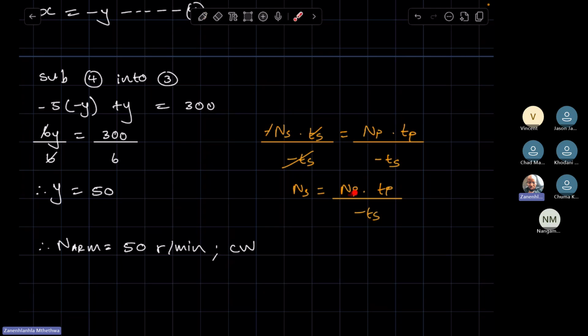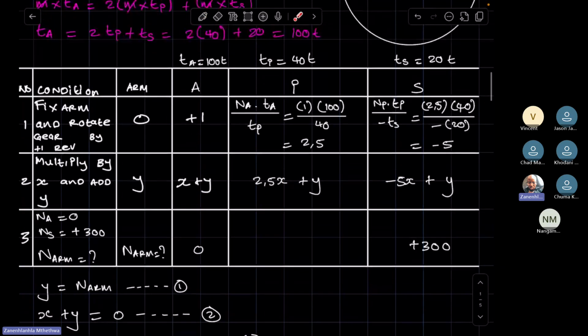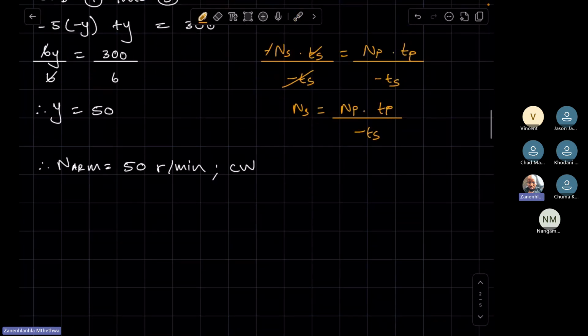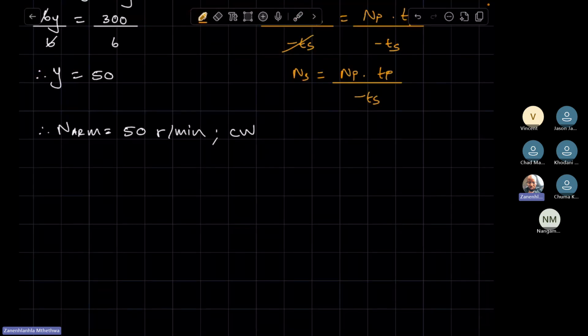Now, gear P also has a relationship with the annulus gear. The two gears are meshing, so NP times TP is equal to NA, the annulus, times TA. Their circumferential velocities are the same.